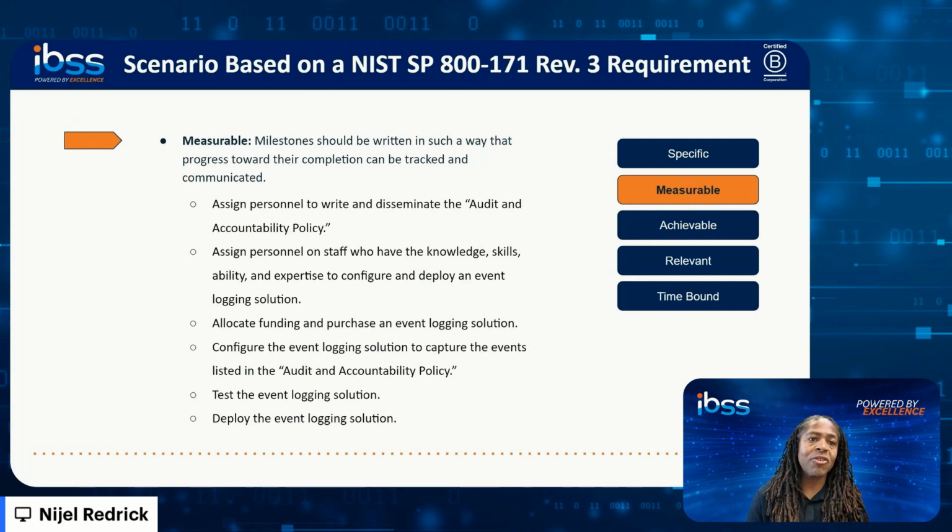Now, if we look at each of those milestones, they are measurable because we can tell whether or not somebody has been assigned and whether or not the policy has been disseminated. We can also determine whether or not we have assigned somebody on staff who is knowledgeable, has the ability and expertise to configure and deploy the solution. We can also tell readily whether or not funding has been allocated and whether or not the solution has been purchased. We can also determine whether or not the solution has been configured.